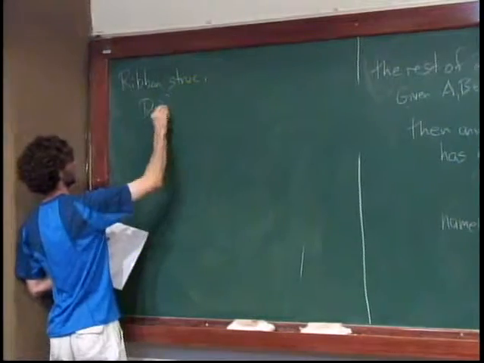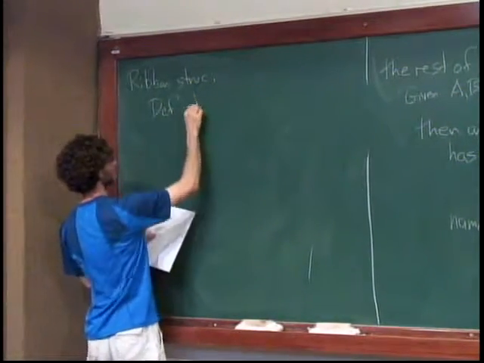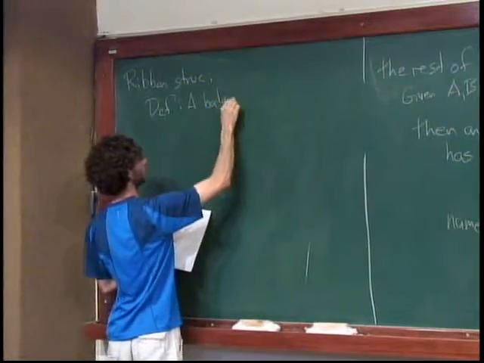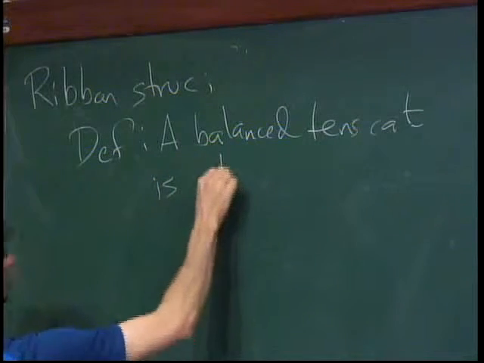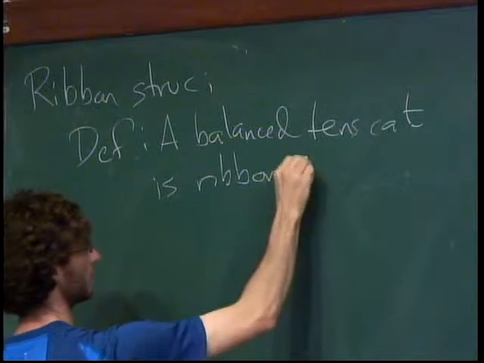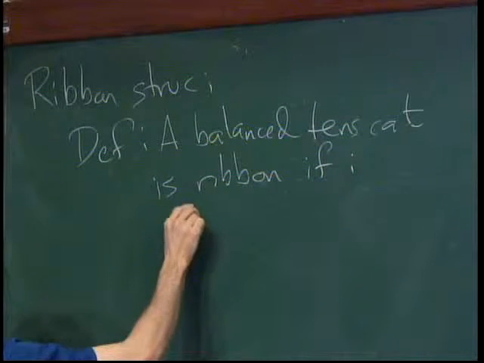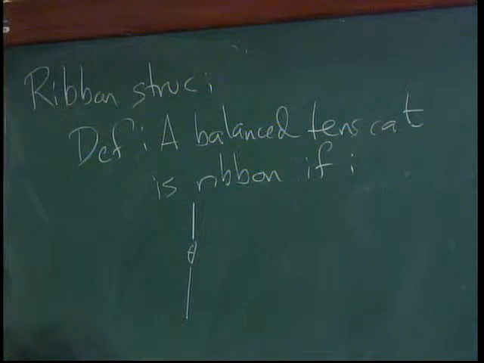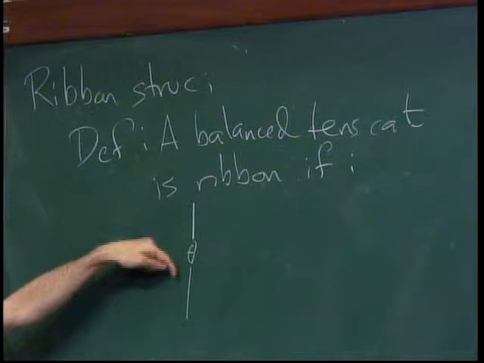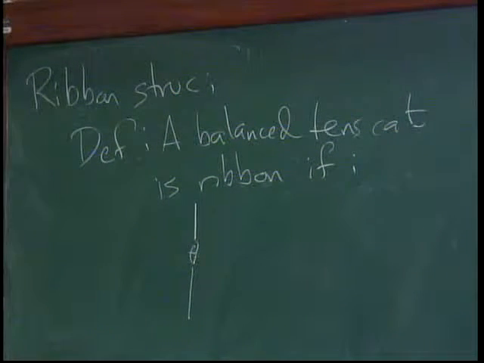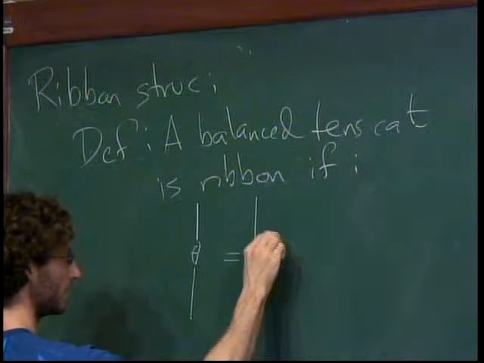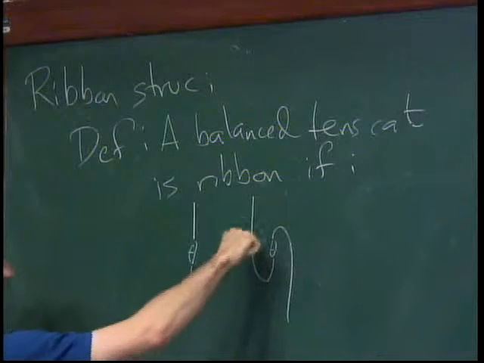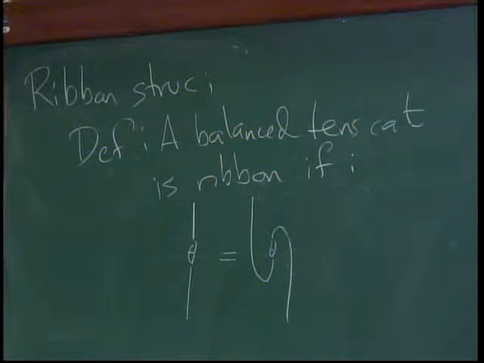Okay, so let me finally, I've been using the word enough, let me tell you what a ribbon tensor category is. A balanced tensor category is ribbon if two conditions are satisfied. On the one hand, if I take some object and I apply the twist to that object, recall a balanced tensor category is something where I can twist each object, then that should be the same thing as taking the twist on the dual object and then turning the legs around using the evaluation and co-evaluation map.